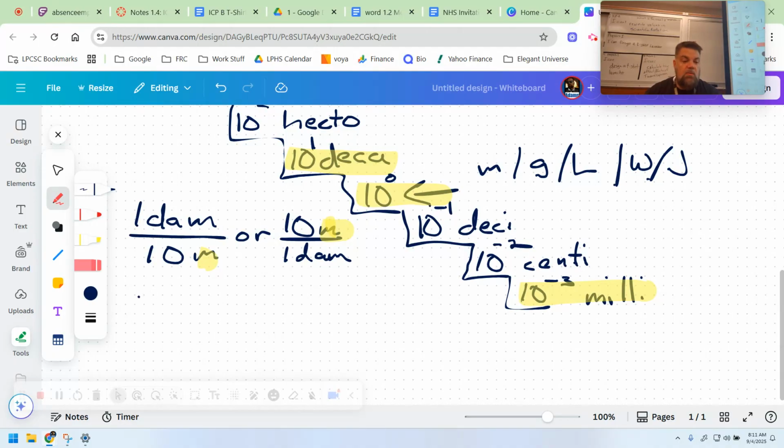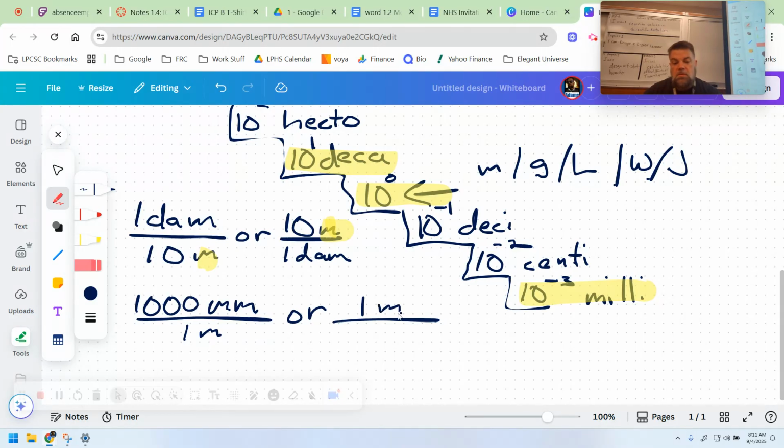What I do is I say, well, there are 1,000 lowercase m millimeters in 1 meter, or there's 1 meter in 1,000 millimeters. Okay? So those are two, and I'm only going to do this one example, and then I'll show you a shortcut.